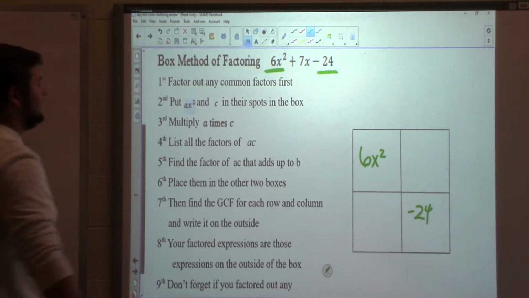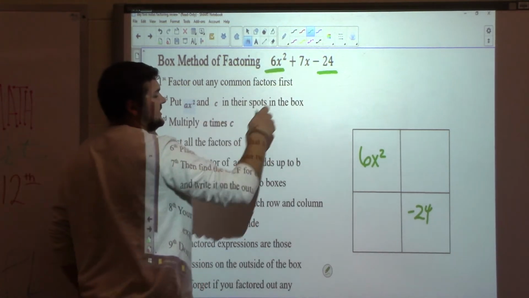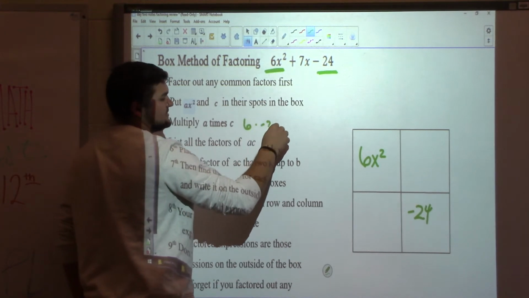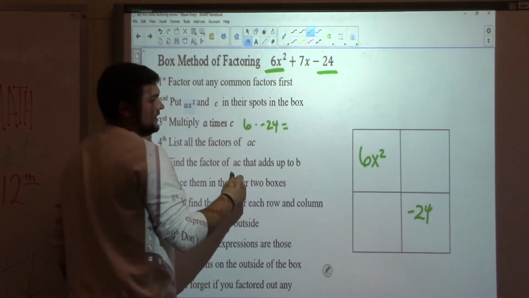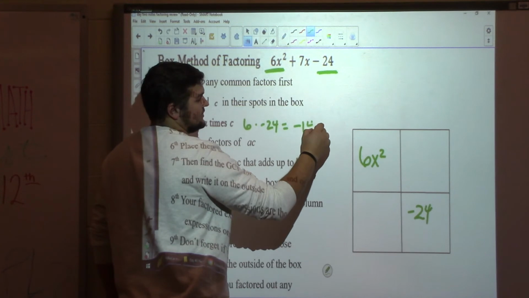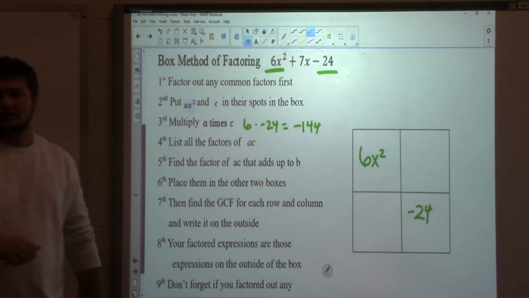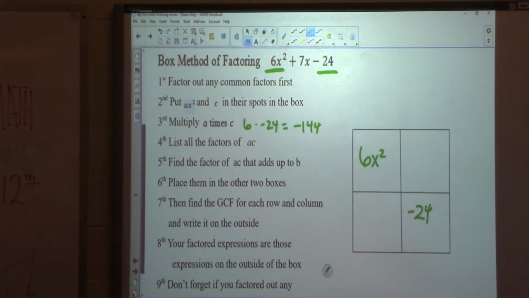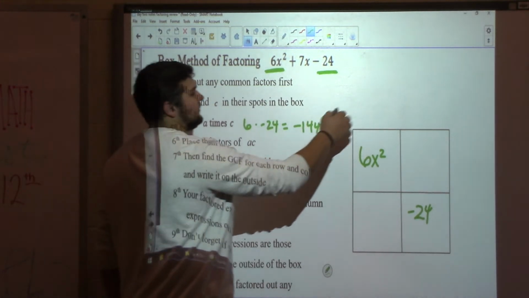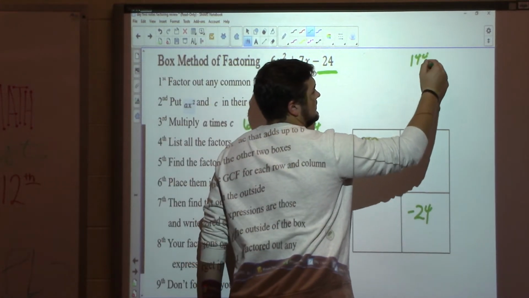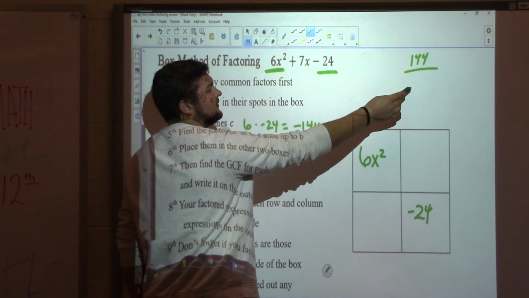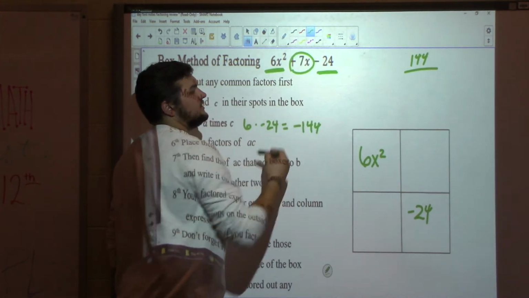Step 2 then. Multiply a times c. 6 times negative 24 should give us negative 144. What that tells me is I'm looking for factors of 144 that add to 7.